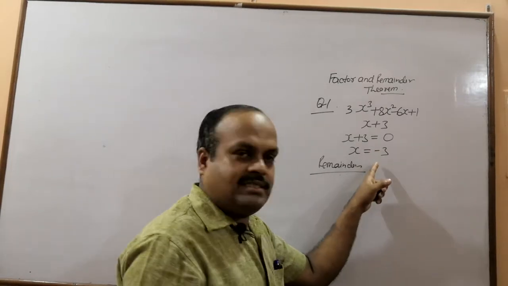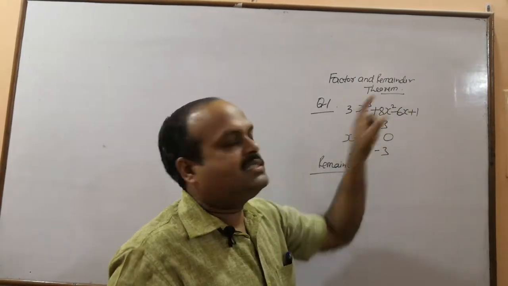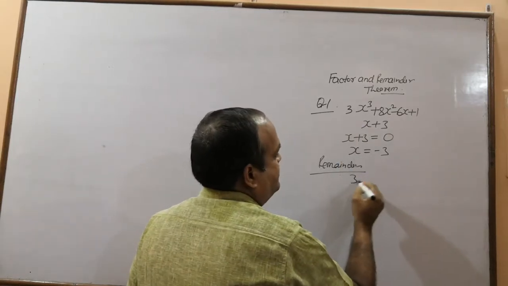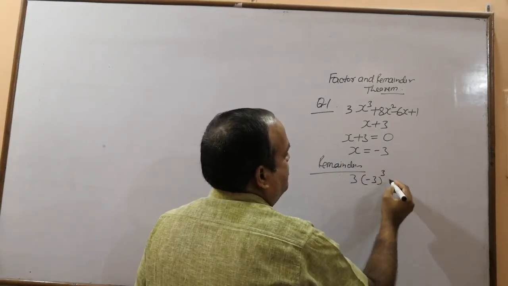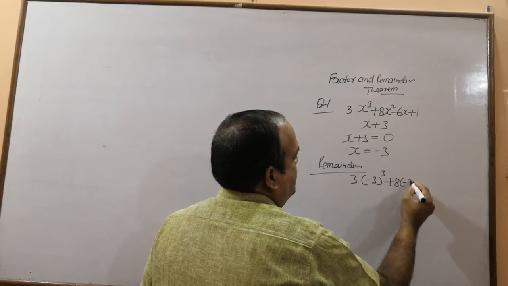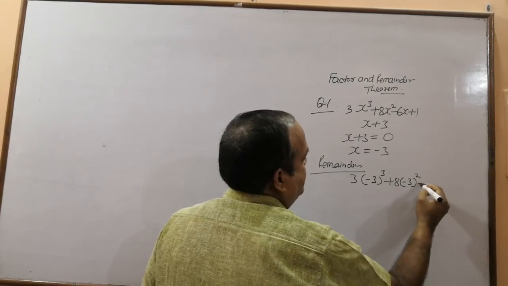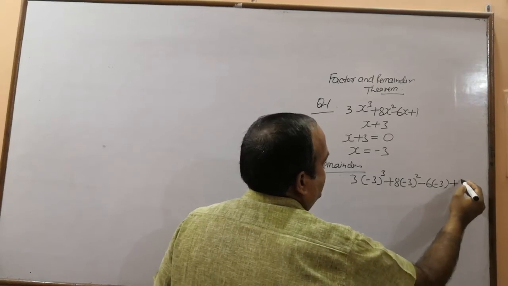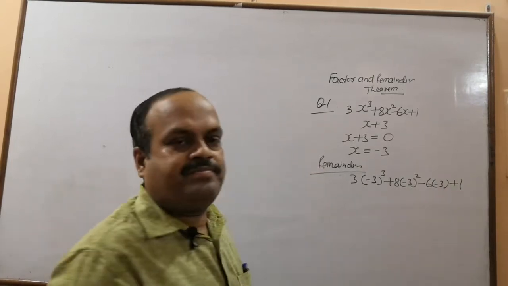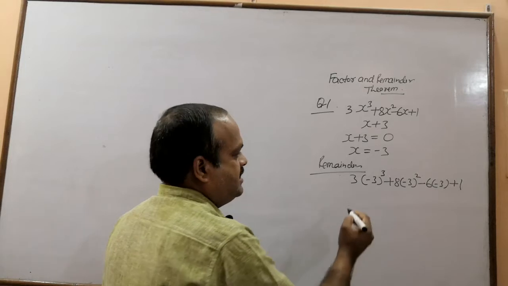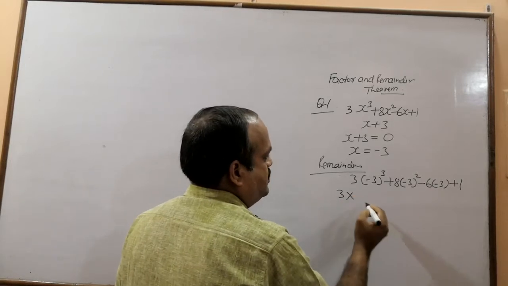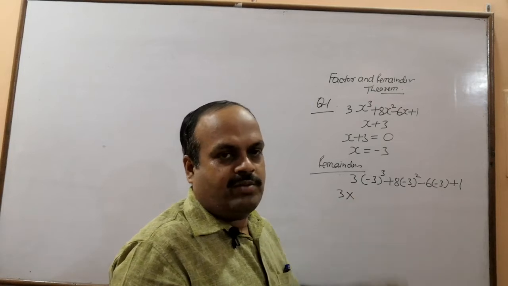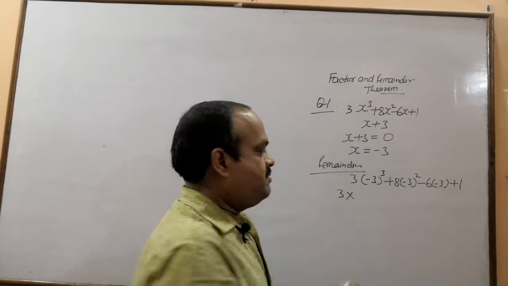Put the value of x, which is minus 3, in this polynomial in x: 3 into (minus 3) cube plus 8 into (minus 3) square minus 6 into minus 3 plus 1. I hope you know the cube of a negative base is negative.